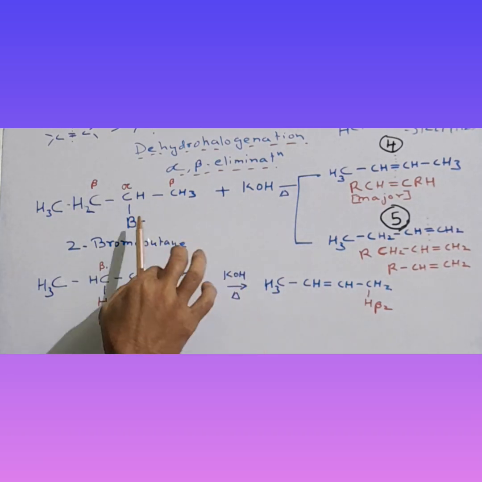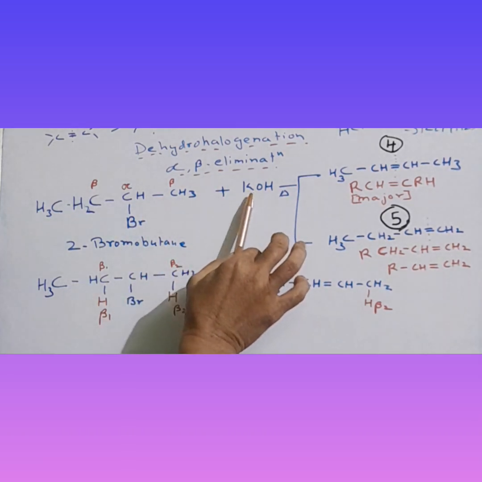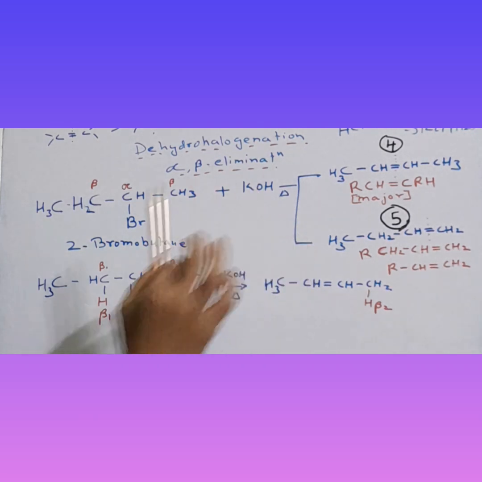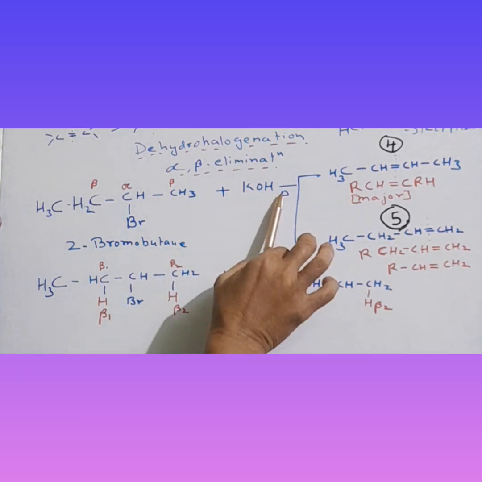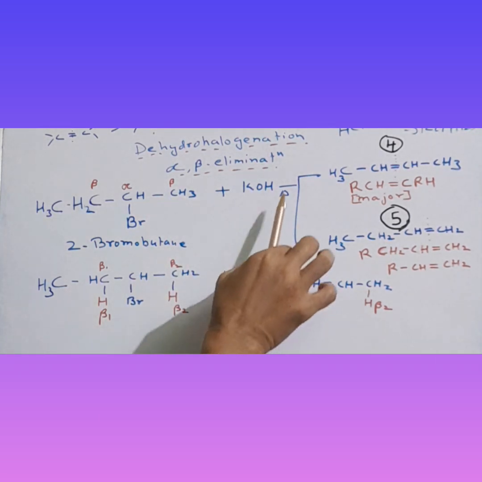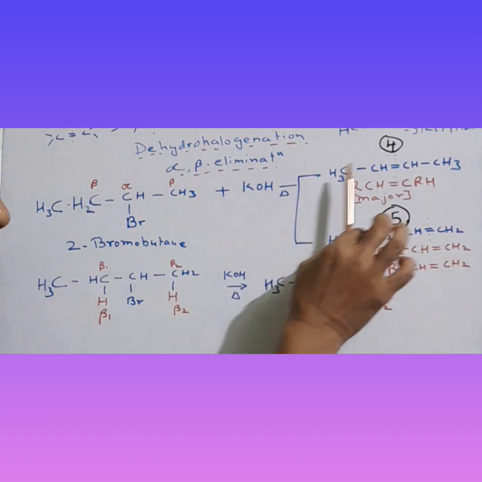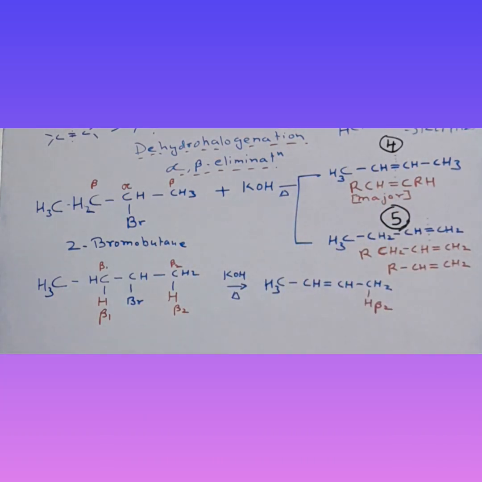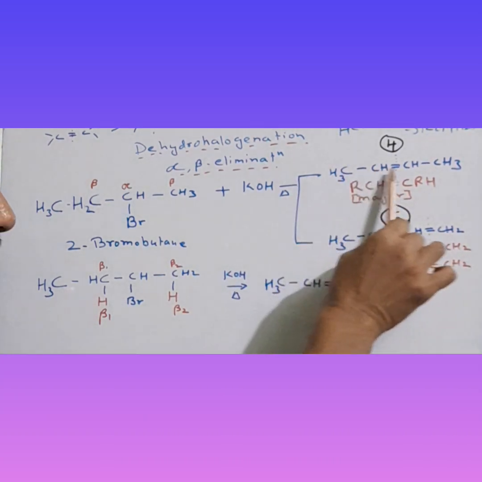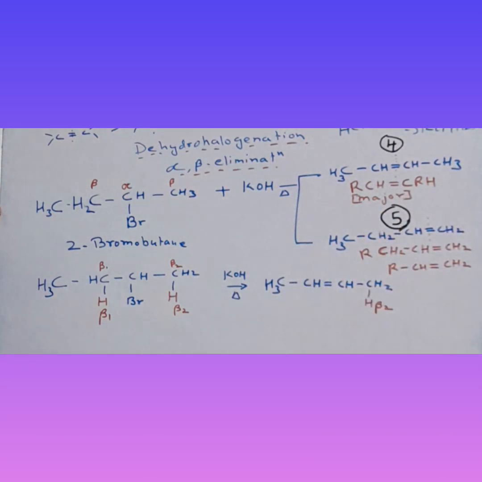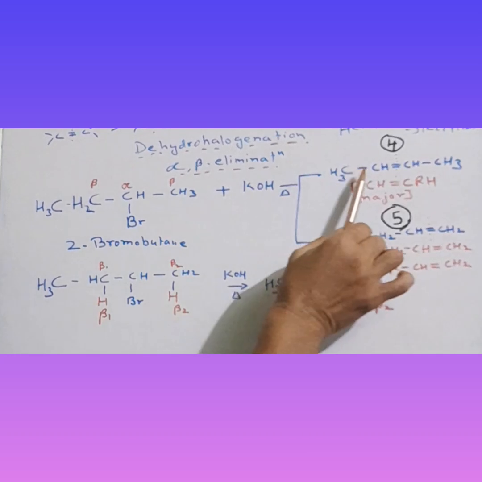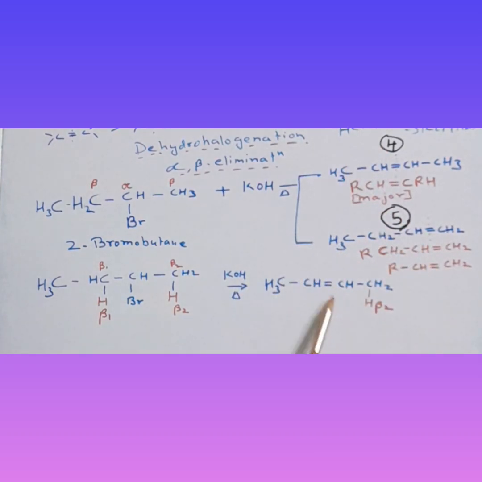Now this 2-bromobutane, we make it react with potassium hydroxide, and this sign means heat. We heat it. So what we end up with is these two products. This is one product and this is the other product. Now how do we get it? Let's try and understand. Now we have got two products, so let's work out for this first.